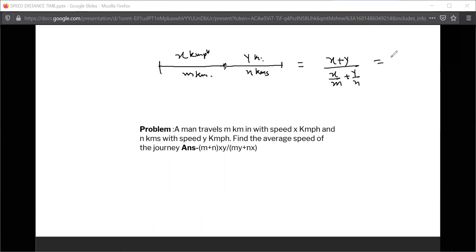If we take mn, nx plus my, that will be m plus n times mn upon nx plus my. So this answer given earlier is wrong here. You can see that. Let's move to the next question.